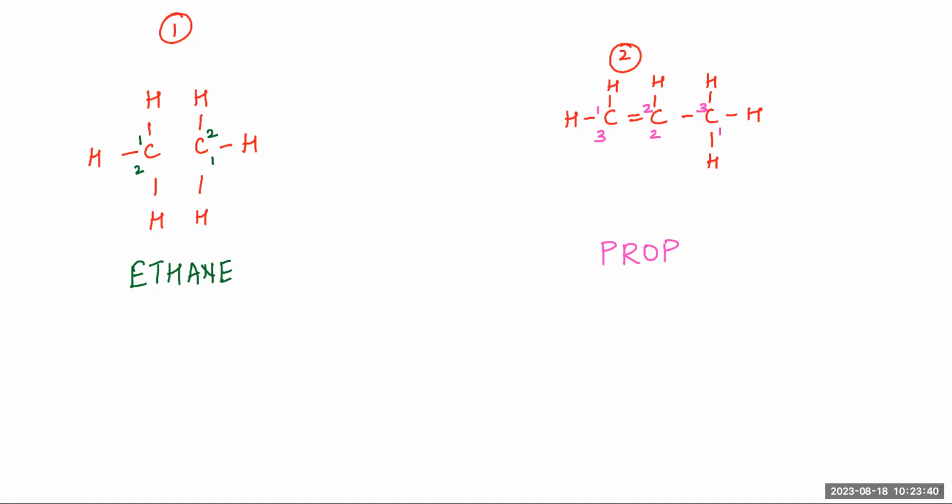And now, as you can see, between the first and the second carbon atom, there exists a double bond. So existence of a double bond clearly indicates that it should be an alkene. So as it is an alkene, the name of this organic compound would now be propene.